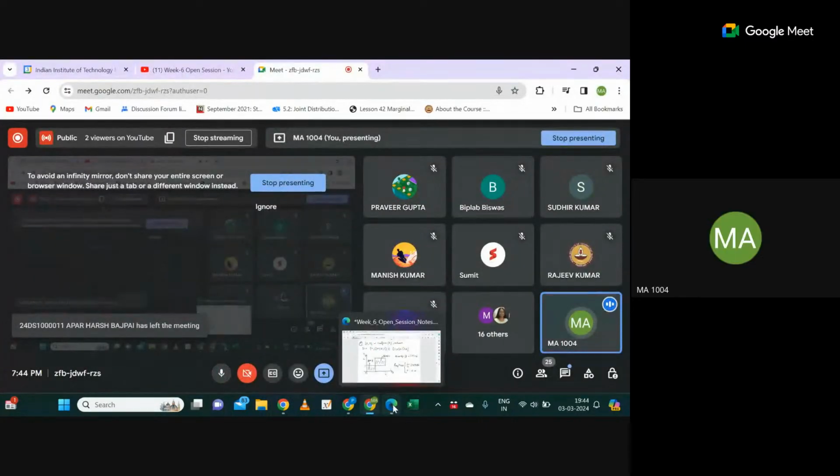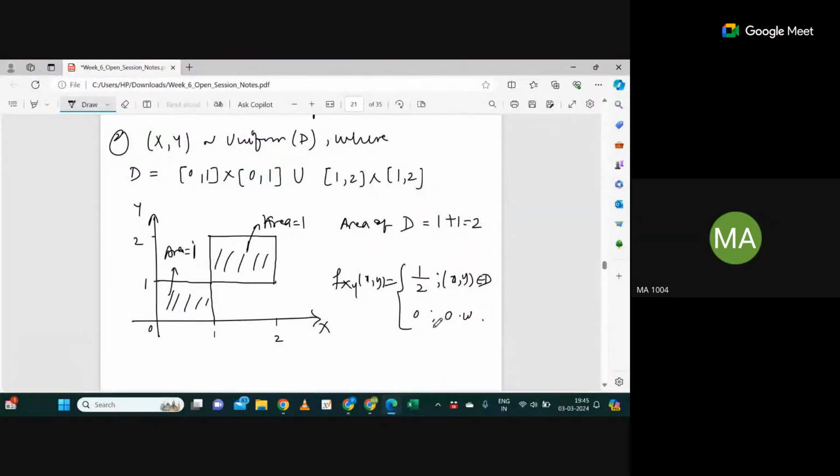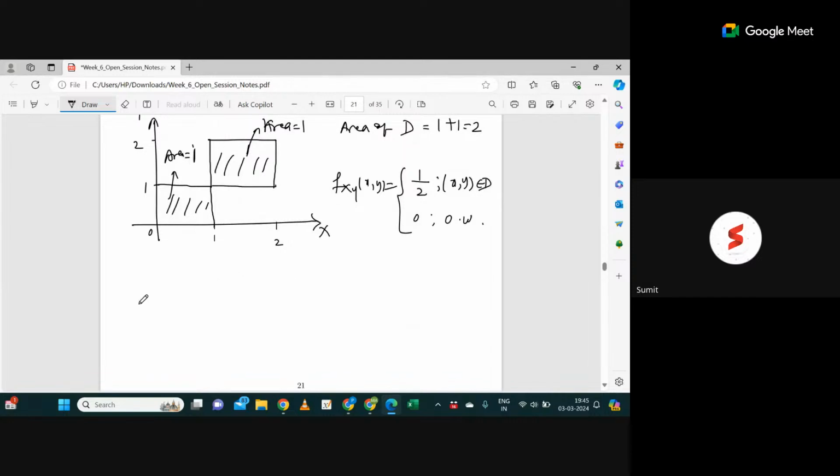Okay, so someone is saying it's not independent. Why? Independent, sir? Yes. The product of the marginal densities, we are getting 1. Marginal is 1. Okay, how? First of all, it tells me 1 by 4, no?